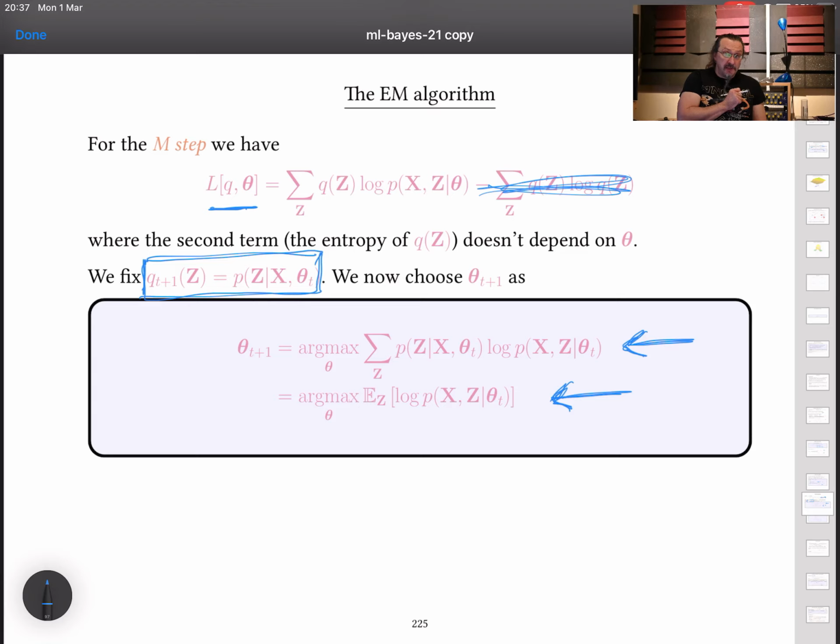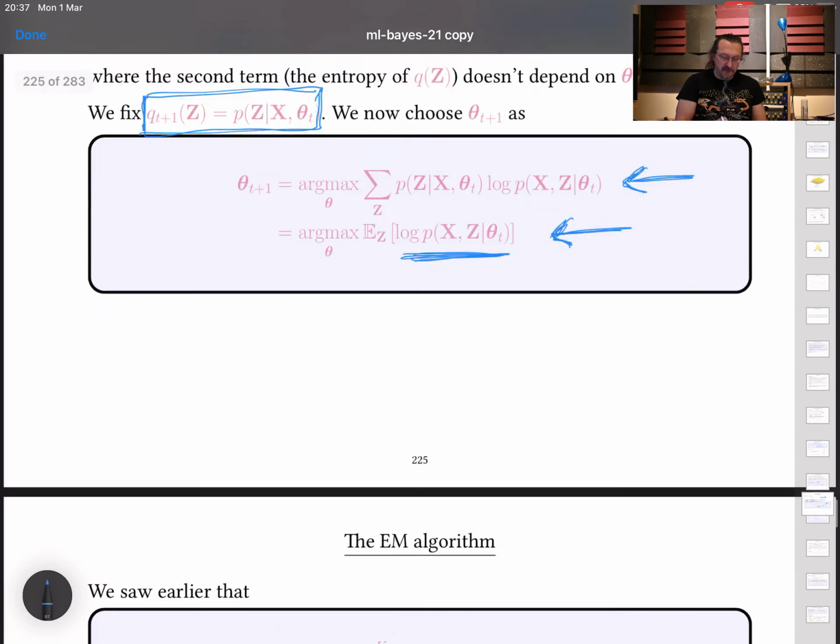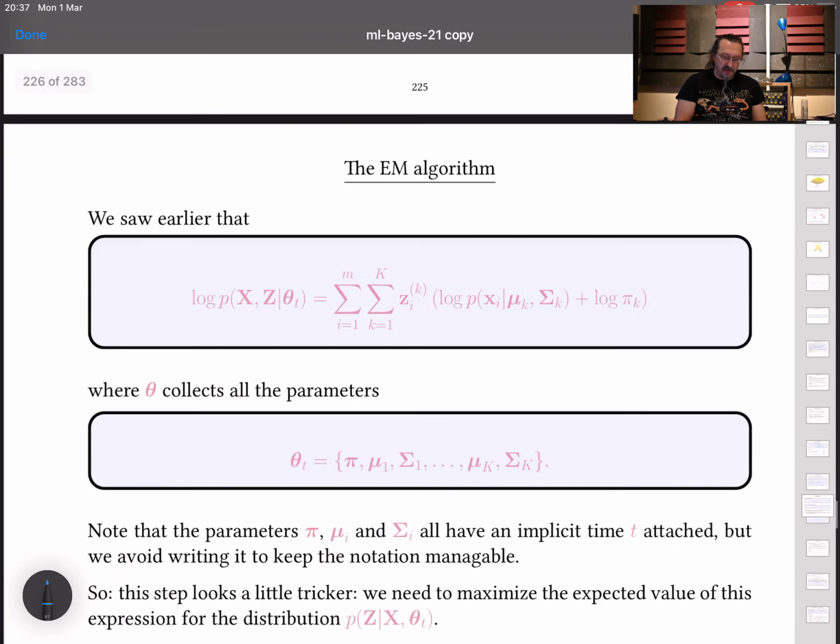And that's nowhere near as scary as it looks. Why is this nowhere near as scary as it looks? Well, if we look at the actual expression for what's in the brackets here, again, we pull this from a few slides back. This is what it looks like.